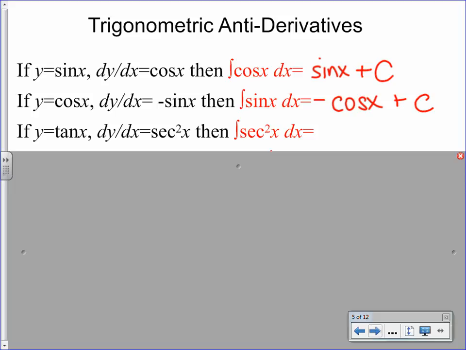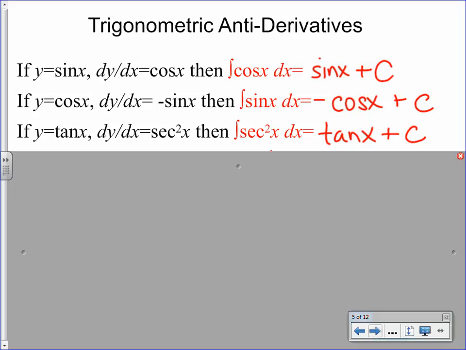The derivative of the tangent is secant squared. So, if I ask for the antiderivative of secant squared, we are going to get tangent.